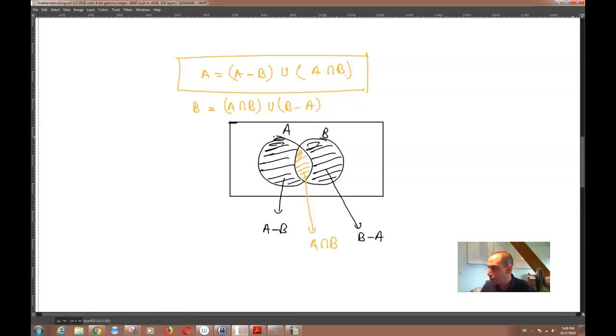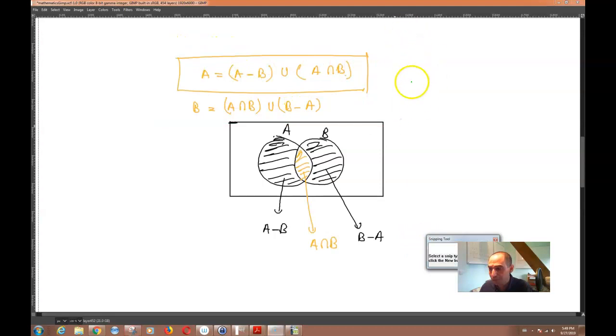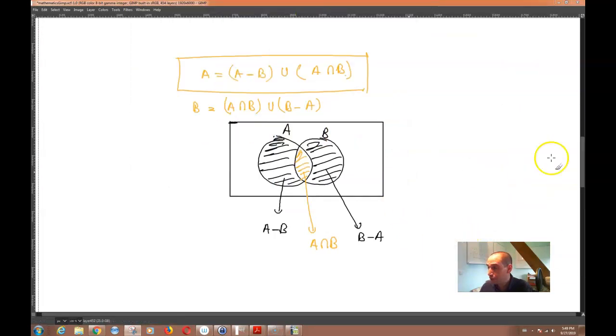So I make the screenshot again. Where did it go? Okay.